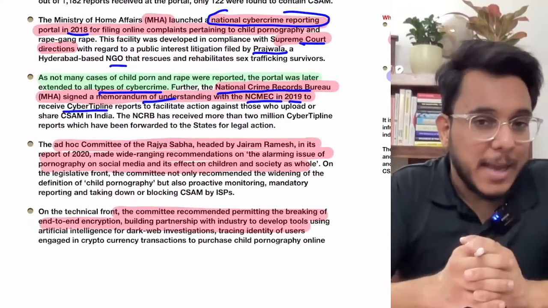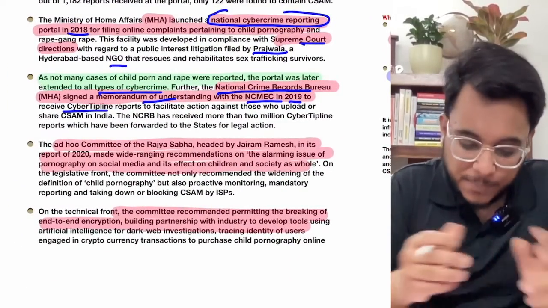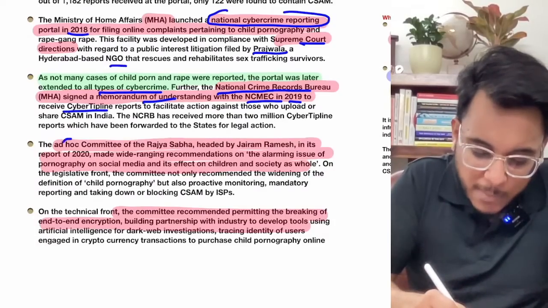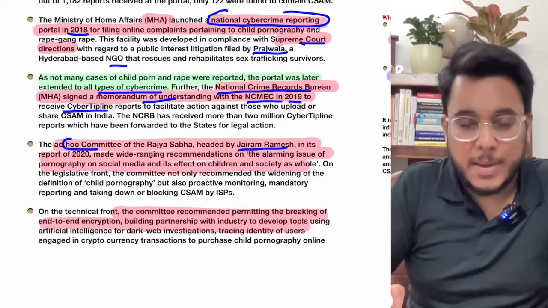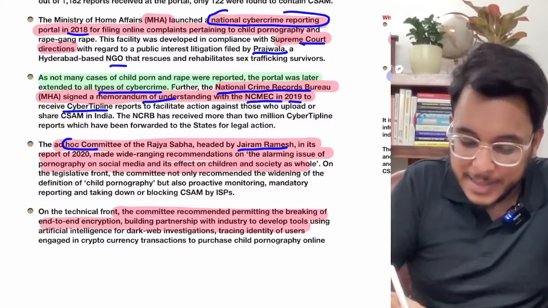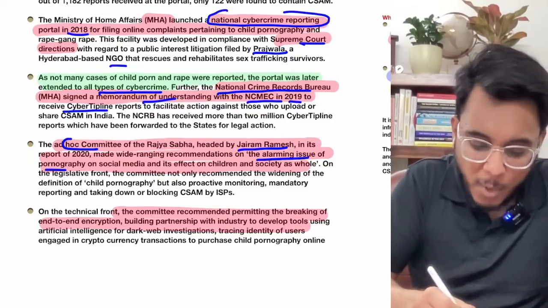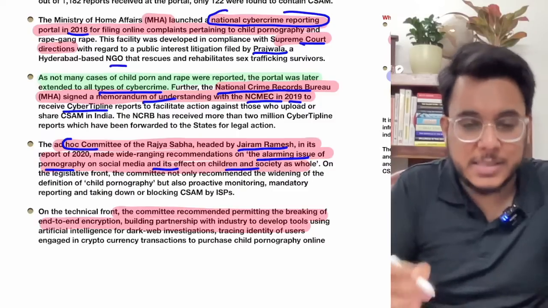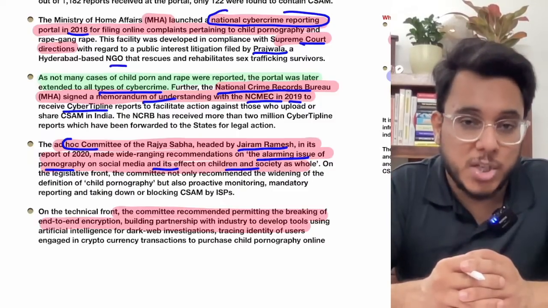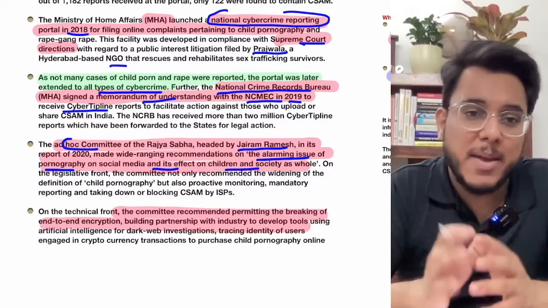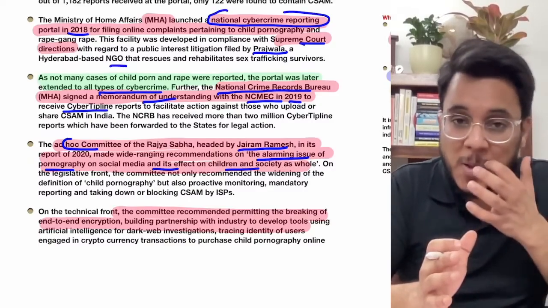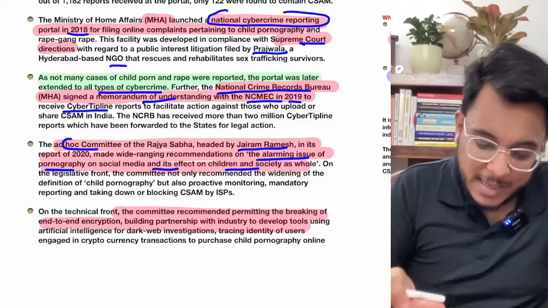At the same time, there is the ad hoc committee of the Rajya Sabha, which was headed by Jairam Ramesh. In this committee, they have pointed out the alarming issue of pornography on social media, and that it has a negative impact on children and on society. When pornography is easily available and many times circulated on social media websites, it is something negative.